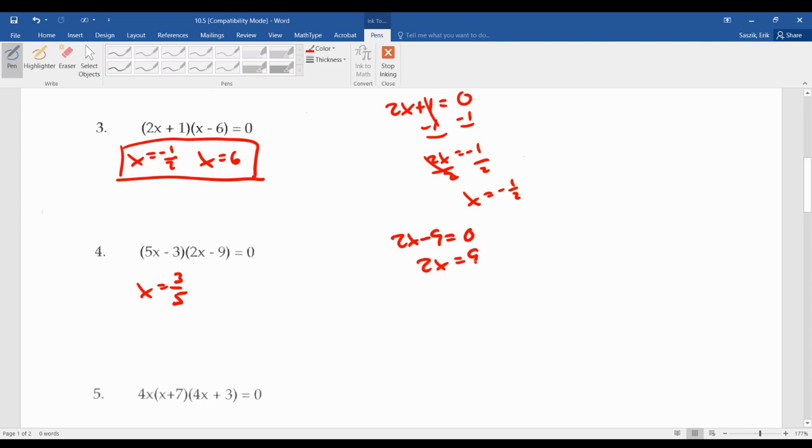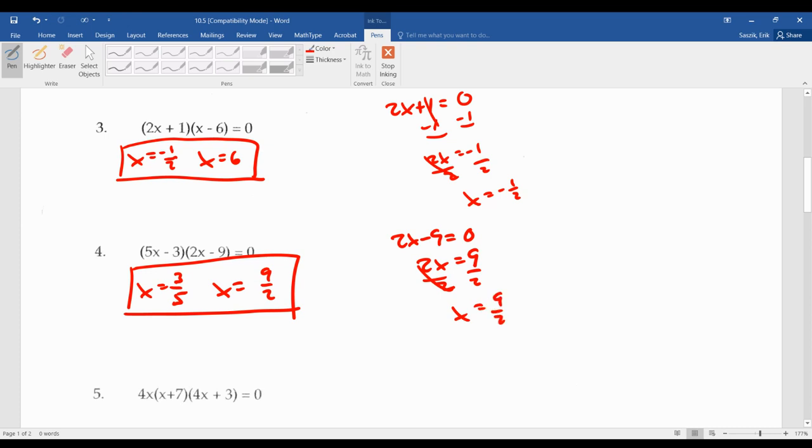So I move the 9 over, that's the change the sign business. Then I divide, that's the over business. And I get x equals 9/2. Remember, this over this, change the sign. But if you forget, you just do what we did here.